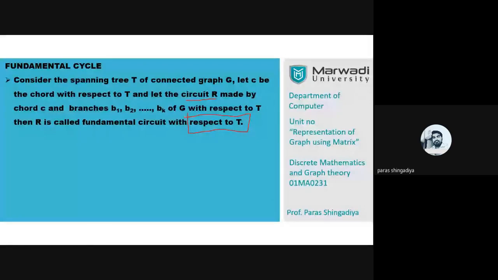So let us consider this graph again, the same graph here. As we know, how we can find a spanning tree we discussed in the cut set portions. Now let us consider this graph and the spanning tree: B was included, C was included, these are the branches.